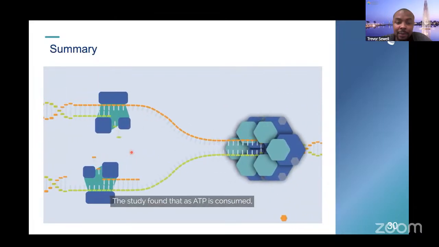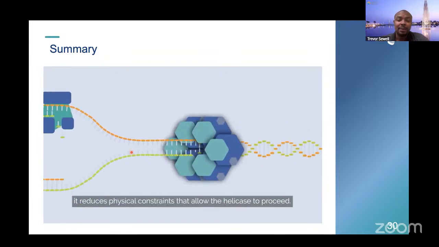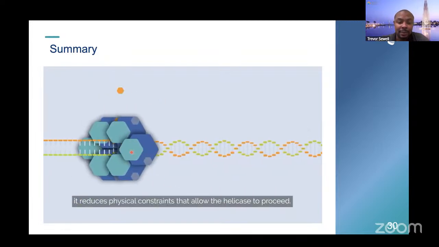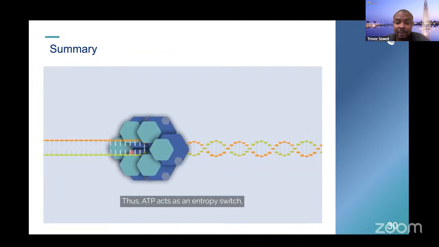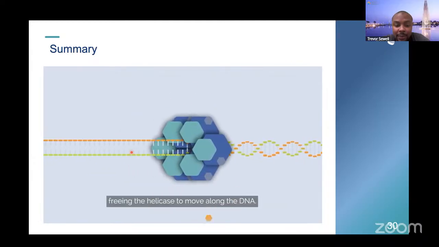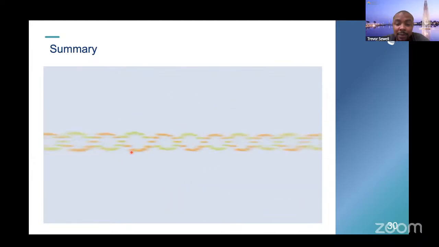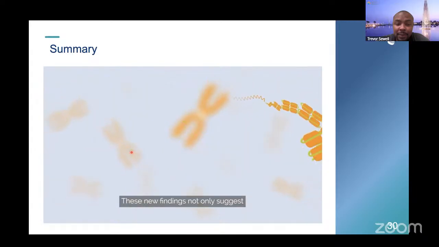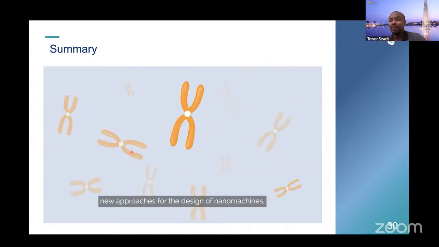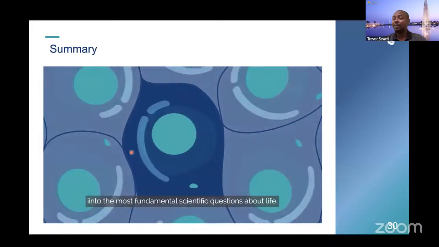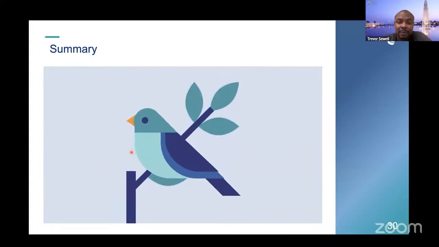The study found that as ATP is consumed, it reduces physical constraints that allow the helicase to proceed. Thus, ATP acts as an entropy switch, freeing the helicase to move along the DNA. These new findings not only suggest new approaches for the design of nanomachines, they provide insights into the most fundamental scientific questions about life.